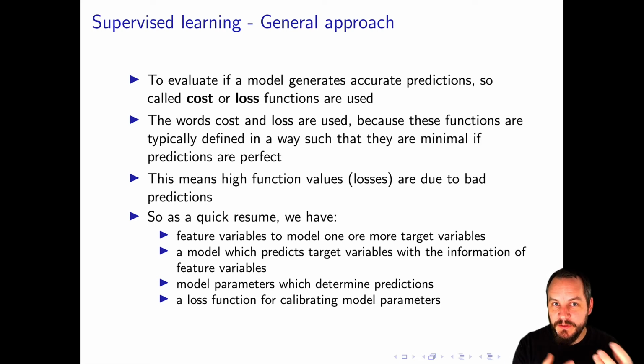And we will use a function which depends on parameters in order to calibrate this relationship. And we use a loss function, so it's another function into which we plug in our predictions and the actual realizations, and which will then provide us feedback if the calibration of our function, which is used to generate the predictions, is good or bad. So if the predictions we're making are good or bad.